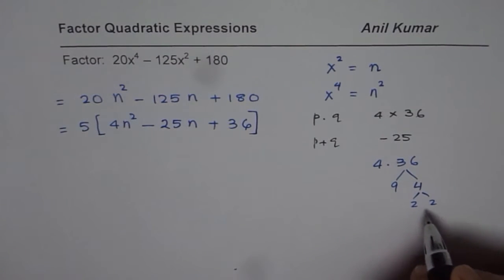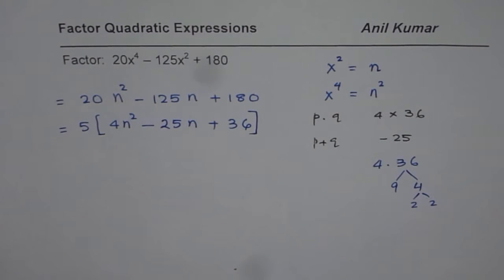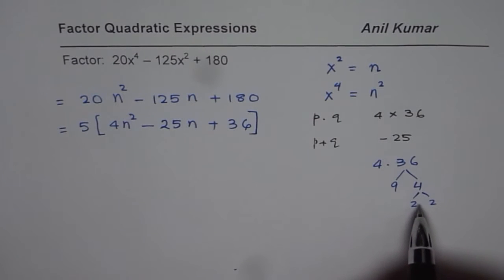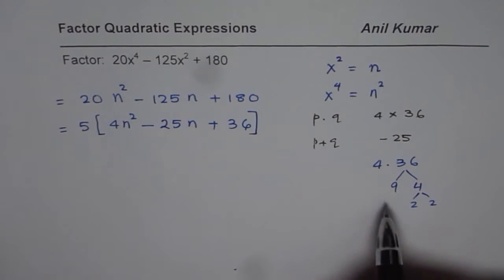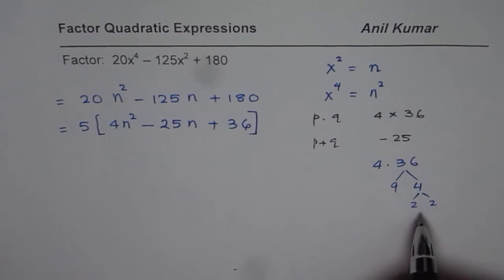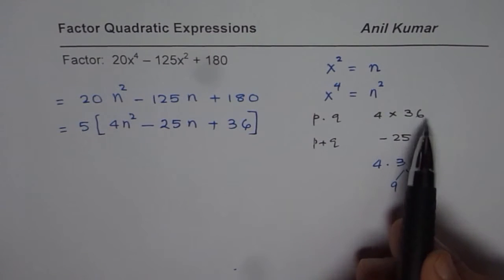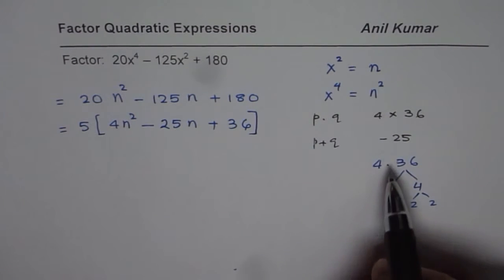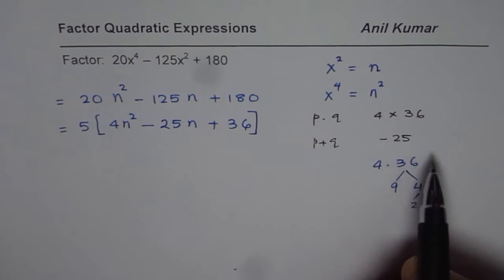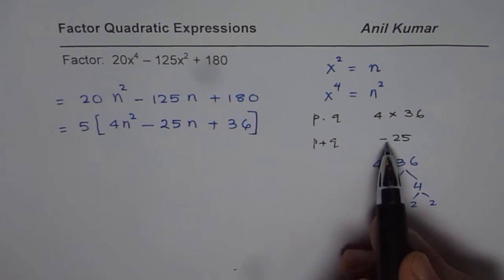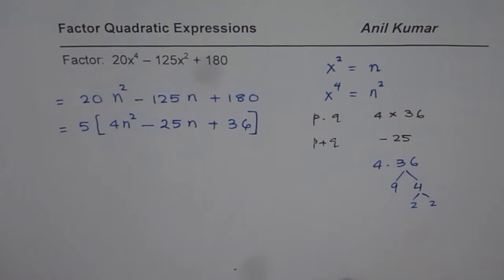Likewise, we can factor them into different terms, correct? Now, we are looking for a combination so that when you multiply these numbers, you get the product of 4 and 36, and of course all factors when multiplied will give you that. But more than that, when you add them up, you get minus 25.